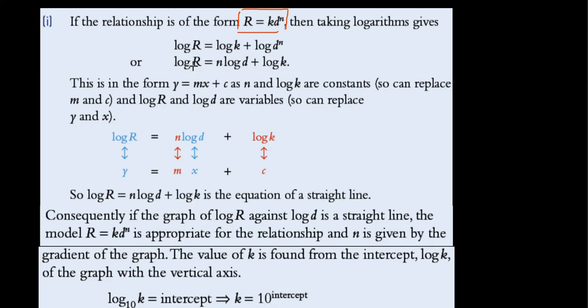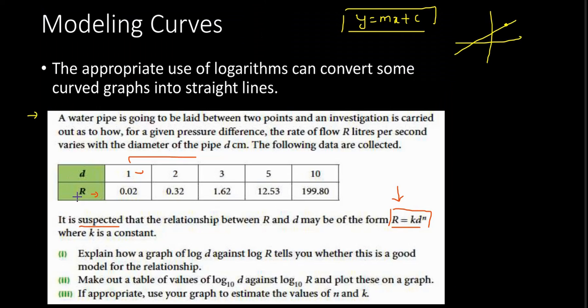Now if you compare this with the equation of a straight line, which is y equal to mx plus c, what you will notice is that if I change the variable log r to variable y and log d to variable x, because remember we have the variables r and d, changing these to log variables, meaning log r and log d.